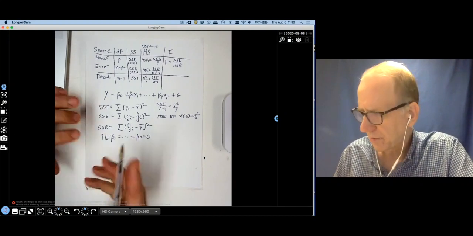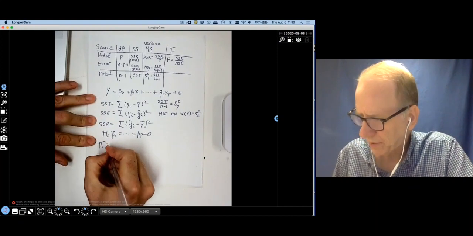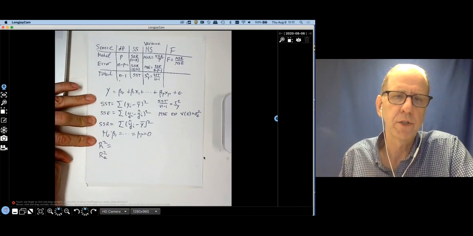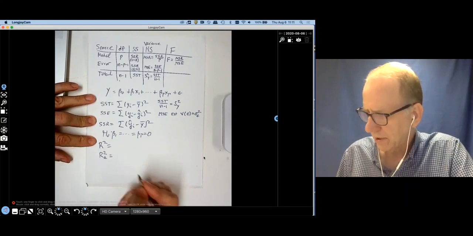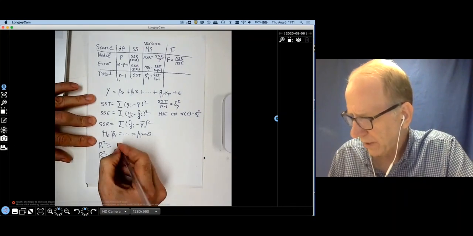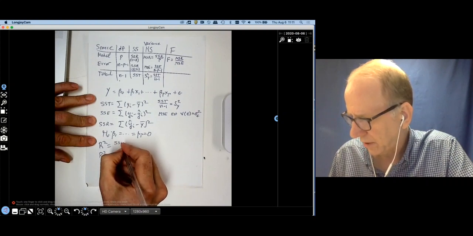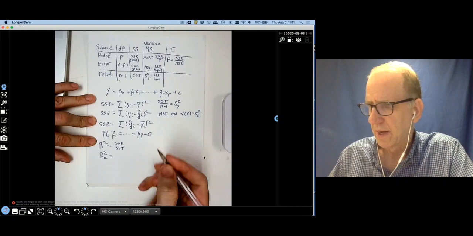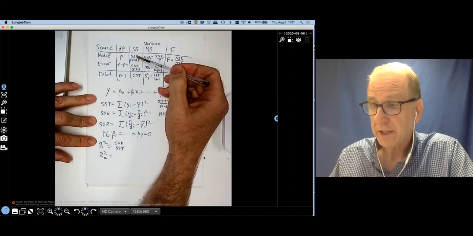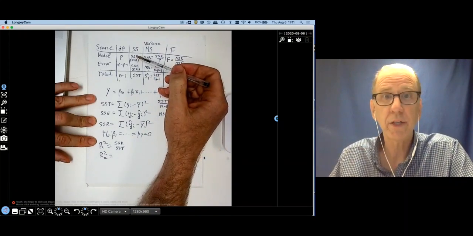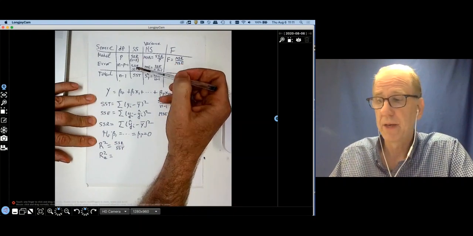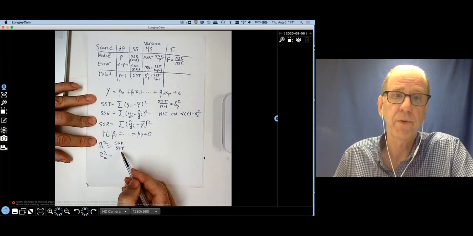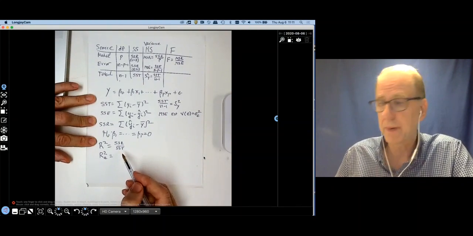Now, the other thing we do with this is we compute R squared and R squared a, which is adjusted R squared. So what is R squared? Well, R squared is really SSR divided by SST. And so this is the variation, not the variance, but the variation explained by the model. This is the total variation in the data. So the ratio of those is just the fraction of variance explained by the model.